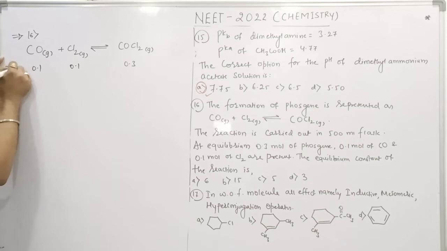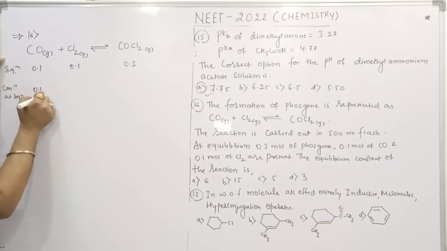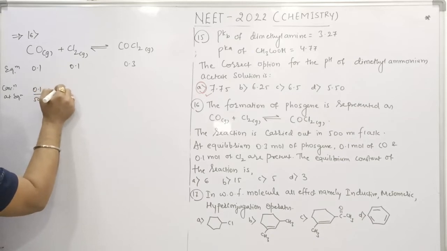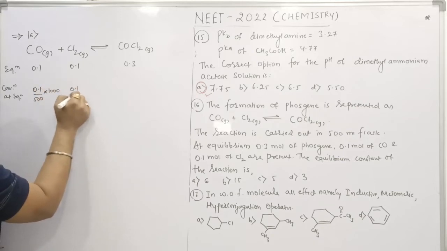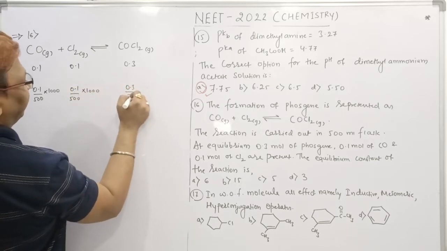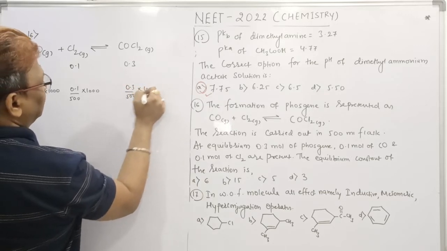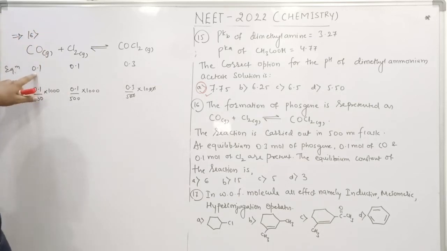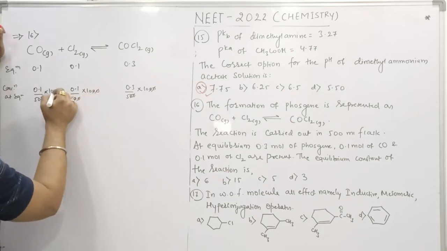For the concentration at equilibrium, we take the number of moles by volume in liters, and the volume is in ml, so 0.1 by 500 ml into 1000, beta. Here also 0.1 by 500 into 1000, and here 0.3 by 500 into 1000.